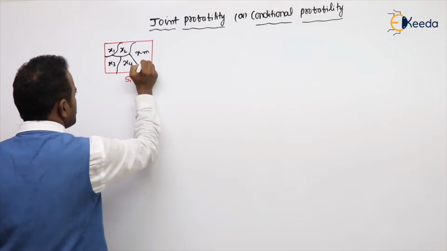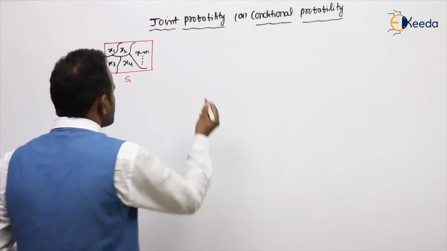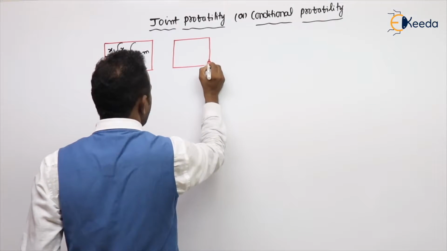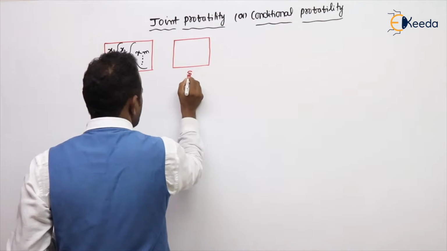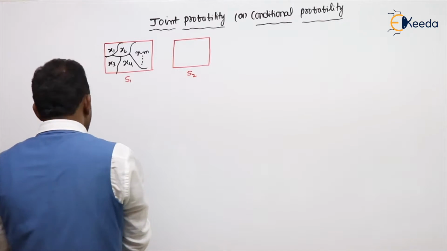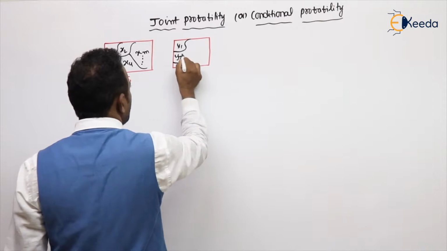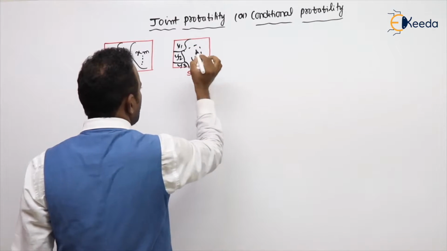We also have another set. This set is called S2. It has the symbols y1, y2, y3, and so on, up to yn, n number of symbols.